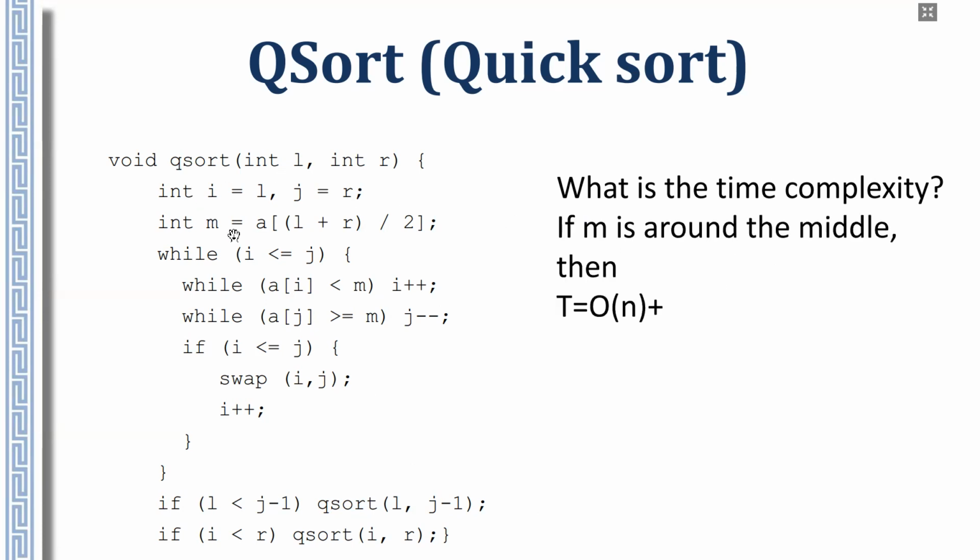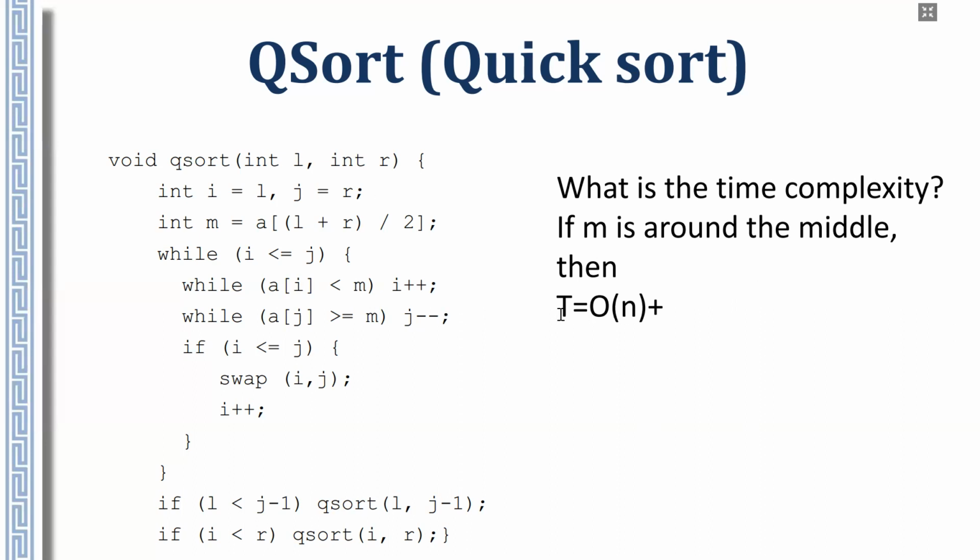Firstly, let's think that m is about the middle of the segment, and let's think that in most iterations we have m around the middle. Then we can say the following.